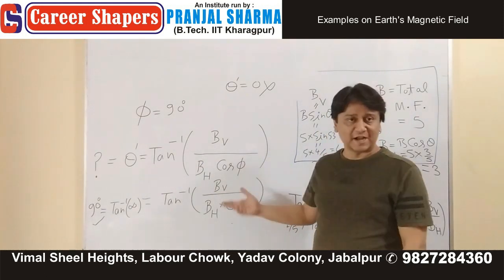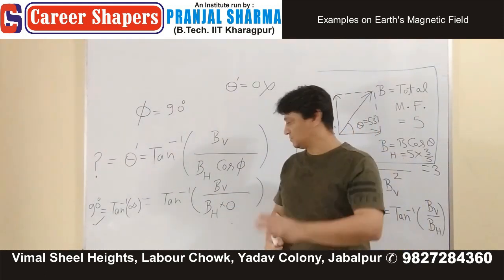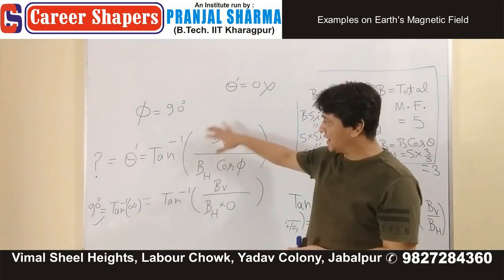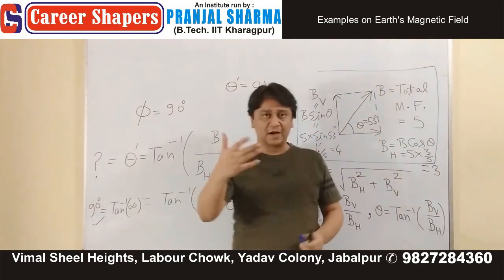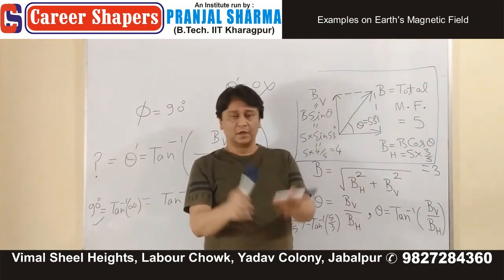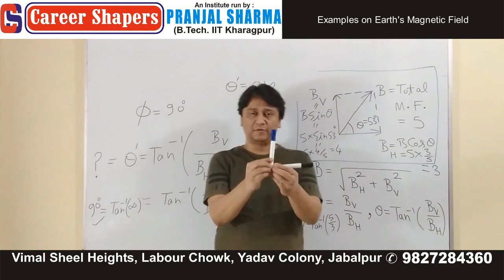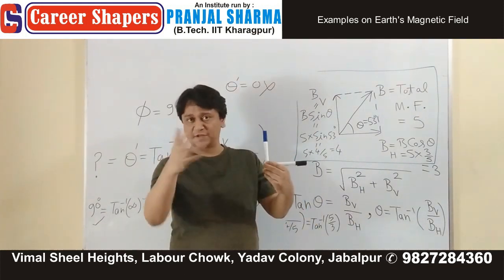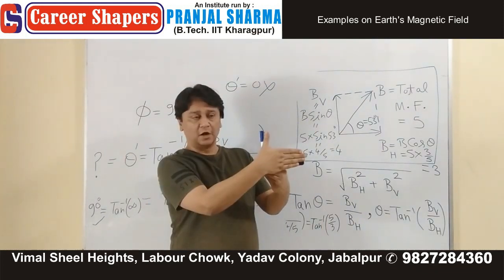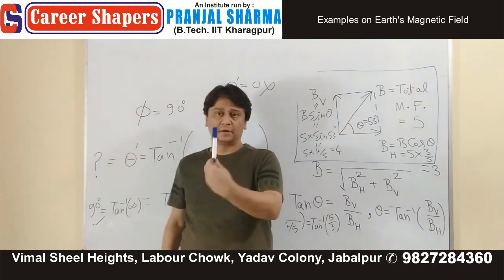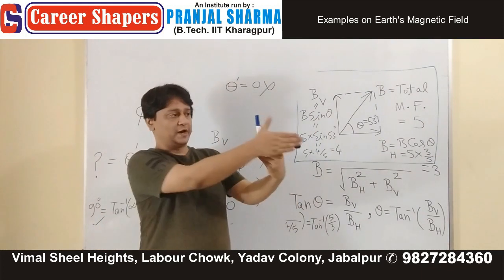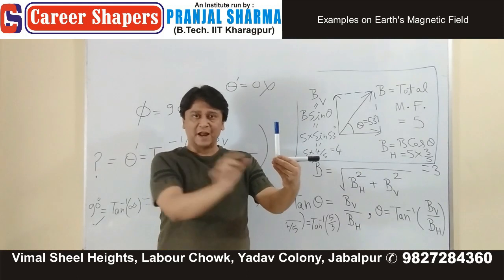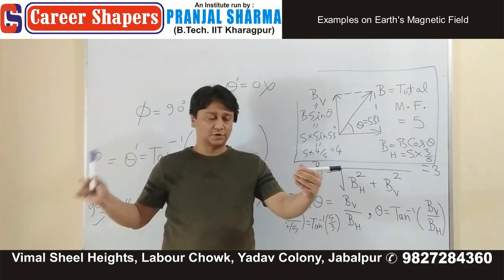Now, I hope you understand this, but in just 10 seconds, let me give you the visualization. There was no need to write everything if you had understood the concept. This is BH, this is BV, the actual plane of the magnetic meridian. In 5 seconds, you can answer the question. Now, if I rotate the plane by 90, for the time being I'm keeping it out.